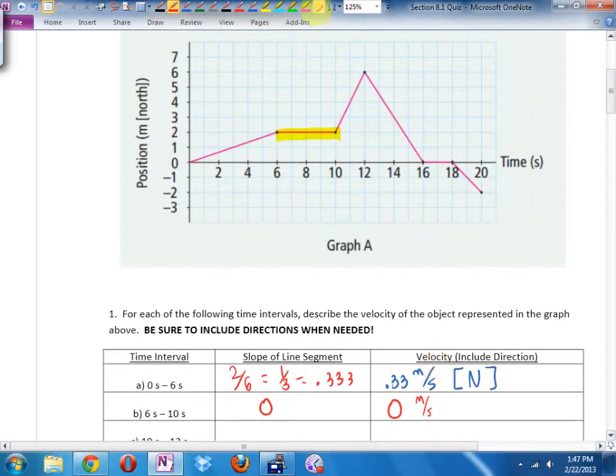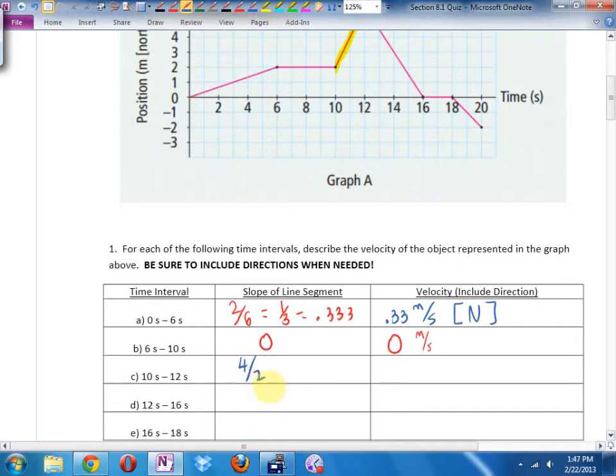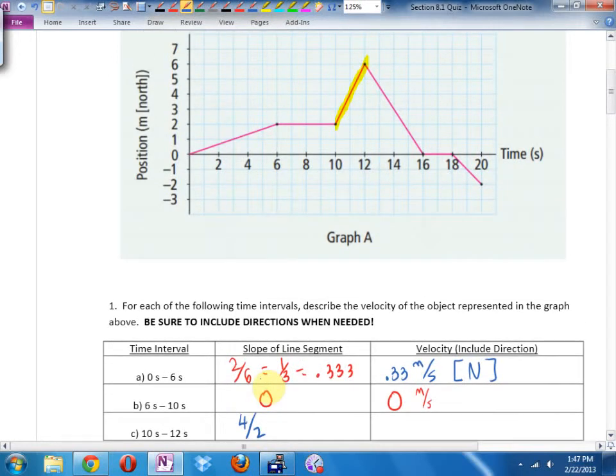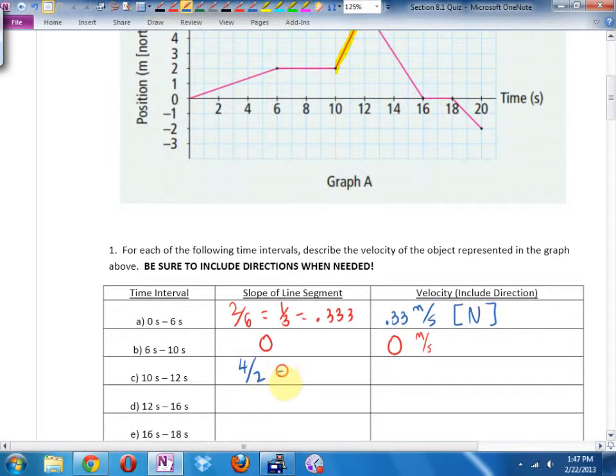From 10 to 12 seconds, that's this interval here. What's the rise? 4 over. What's the run? 2. Is the rise 4? Yeah. Start out 2 high, end up 6 high. Slope is 2, 1 mark, or 2 over 1, 1 mark.